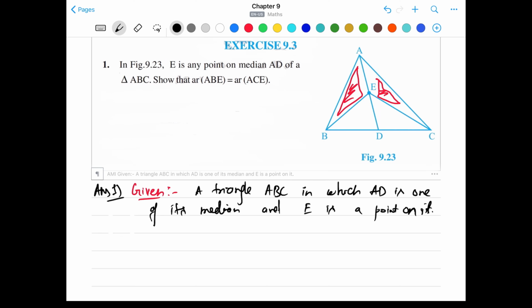Okay, so what we have is a triangle ABC in which AD is one of its medians and E is a point on it. On it means the point E is on the median. Okay, what we have to prove here is, let's try to prove.